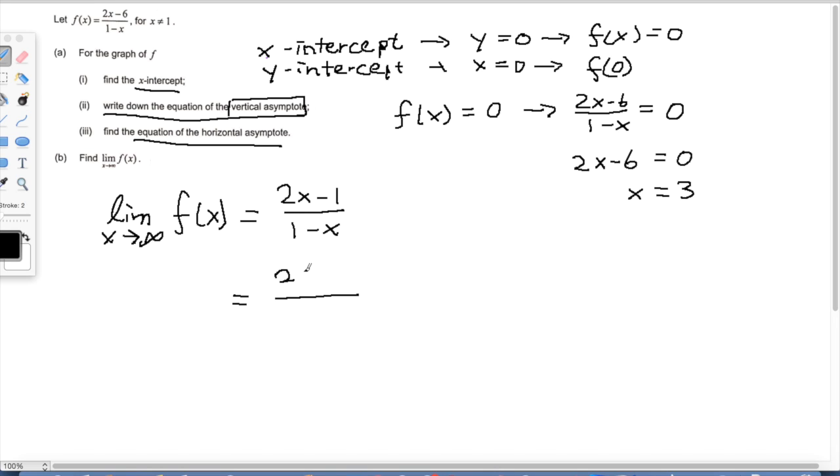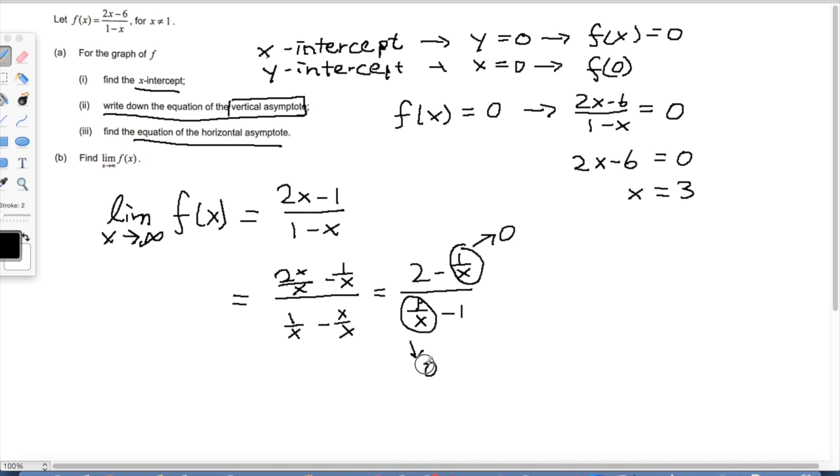So 2x divided by x minus 6 divided by x, over 1 divided by x minus x divided by x, and we get (2 minus 6 over x) over (1 over x minus 1). As we can see, 1 over x goes to 0 when x goes to infinity, and the same argument here, this goes to 0. So we can see that the limit is -2.